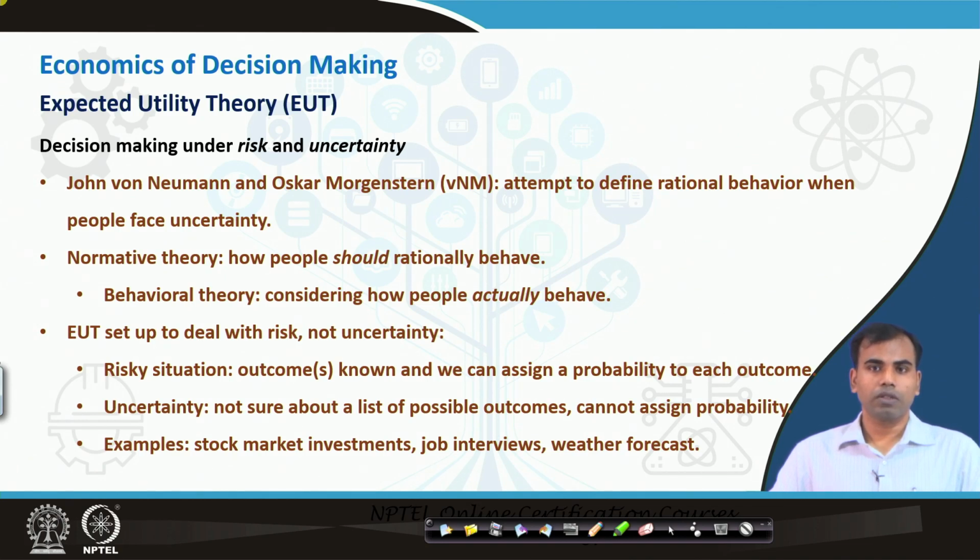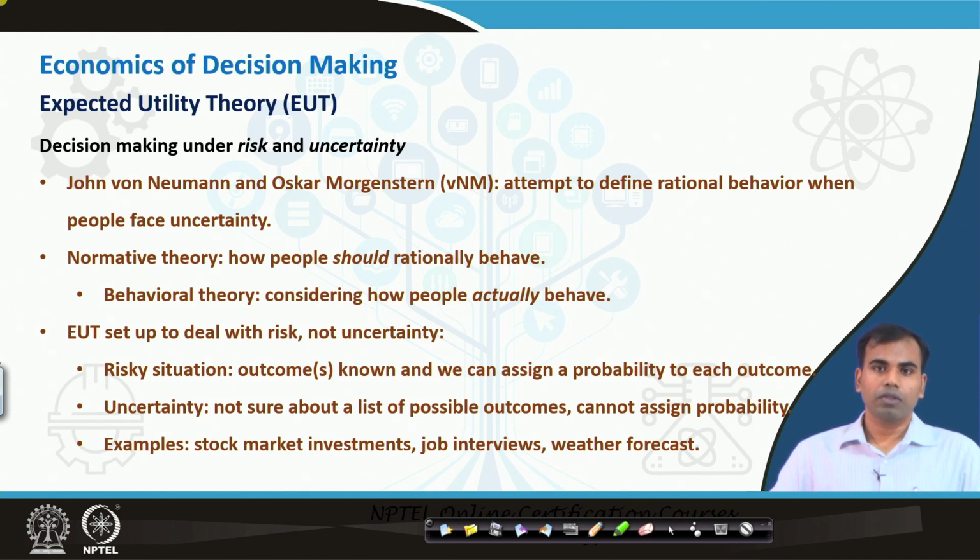So, on a lighter note, I want to indicate here that the behavioral theory given by V&M is essentially more realistic and it explains the expected utility theory in a better way in order to make a better economic decision.